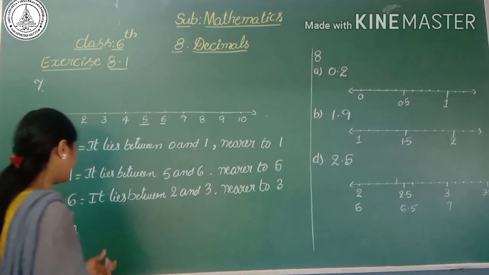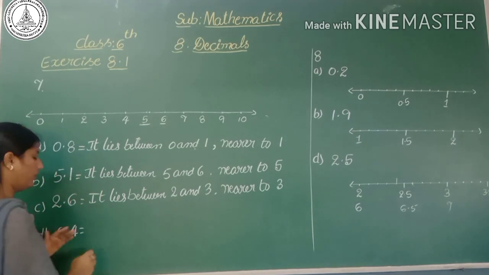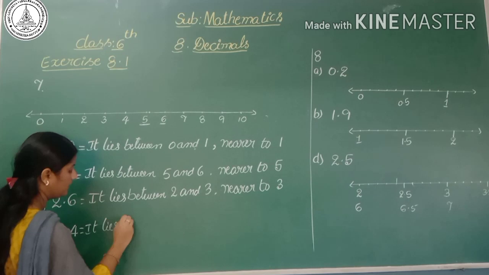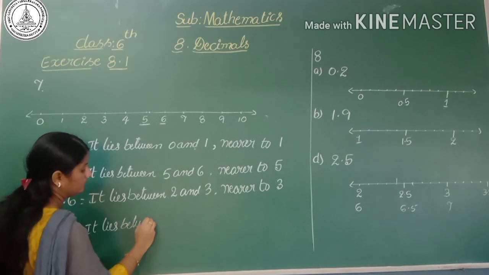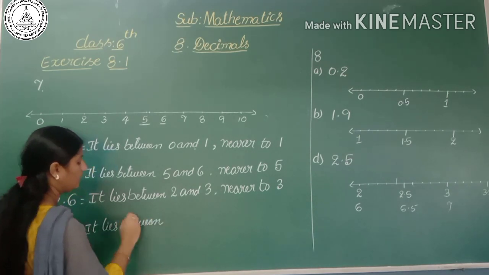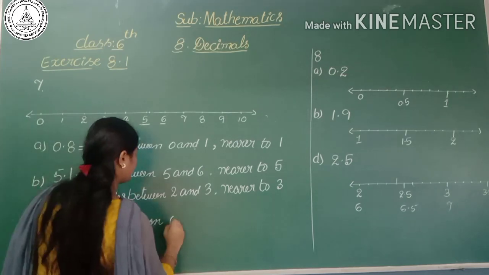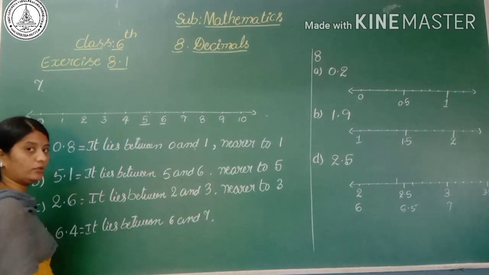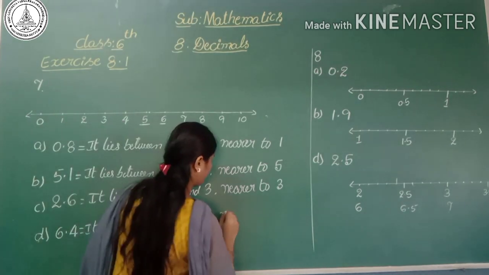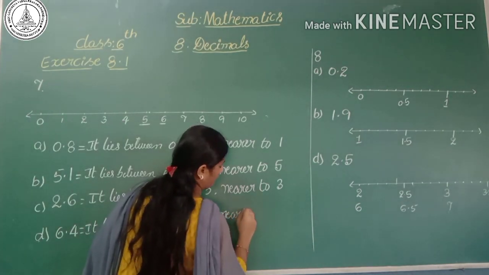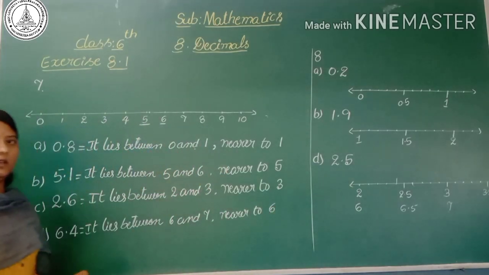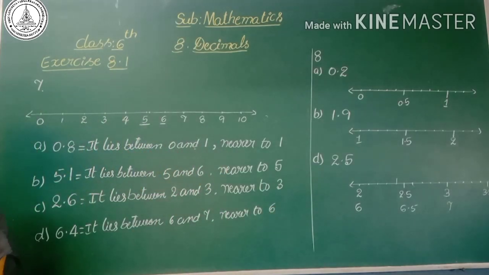Yes, we can write it as 6.4 lies between two whole numbers, that is 6 and 7, and it is nearer to 6. Okay, is it clear? Yes.